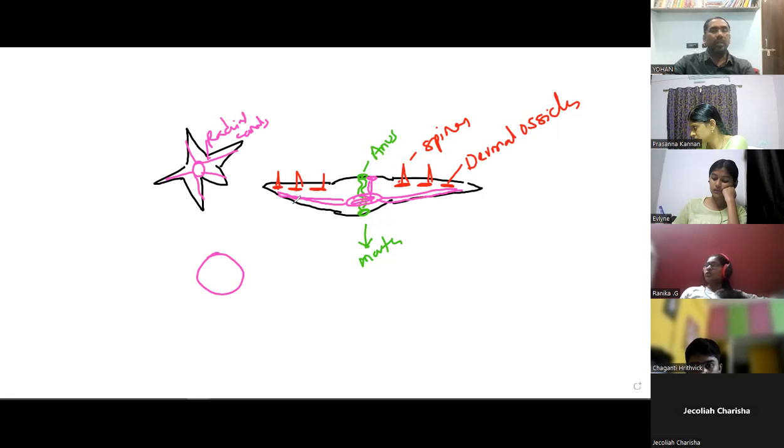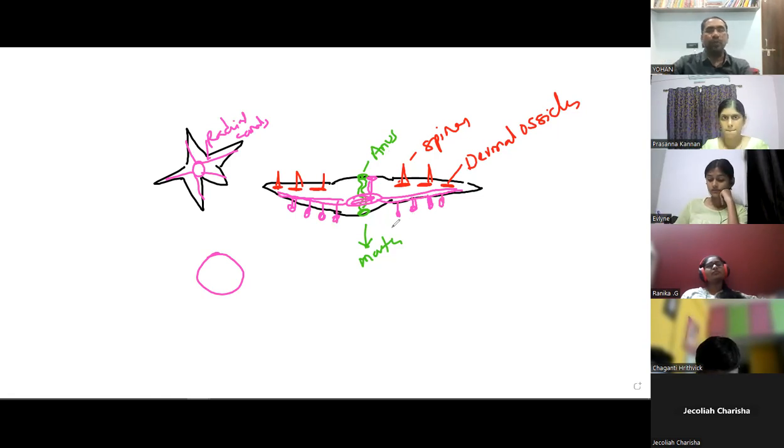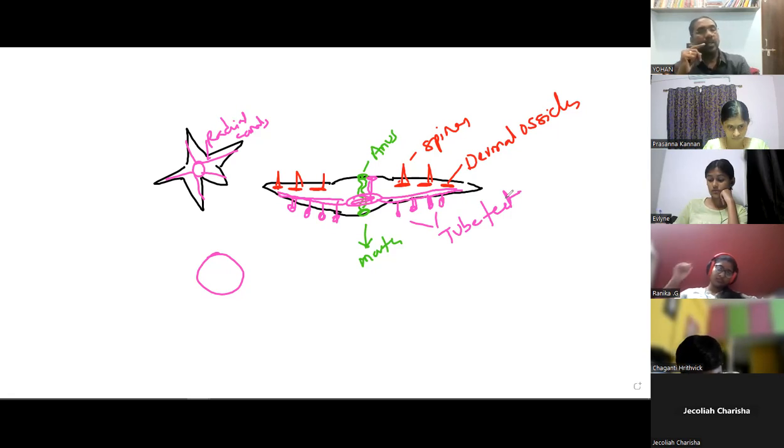Provided with tube feet. Tube-like structures are present. These are tube feet. Tube feet, that means like feet, they help in locomotion. Number 2, they help in collection of food.